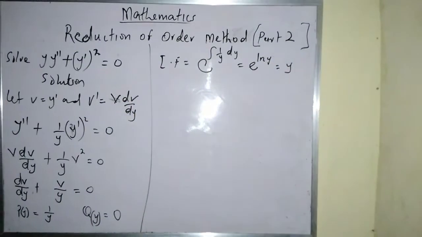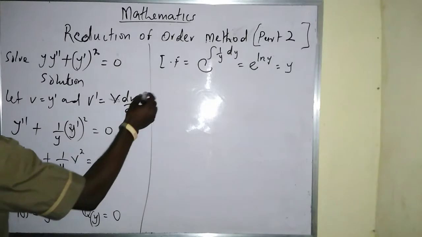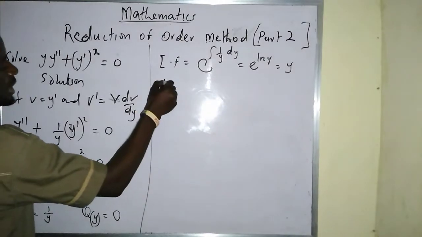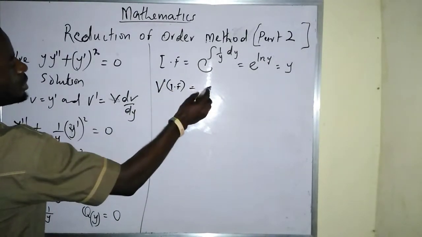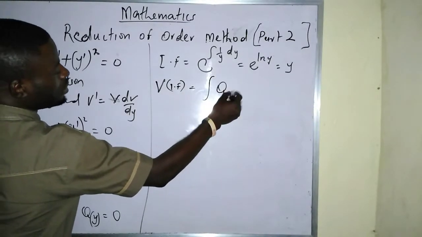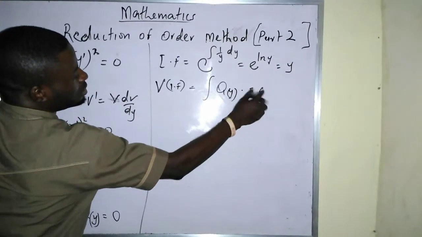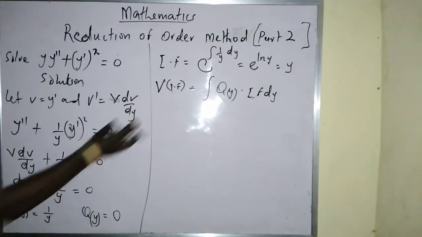Now, I can decide to multiply all through by the integrating factor, having v times the integrating factor equals the integral of q of y times the integrating factor dy.